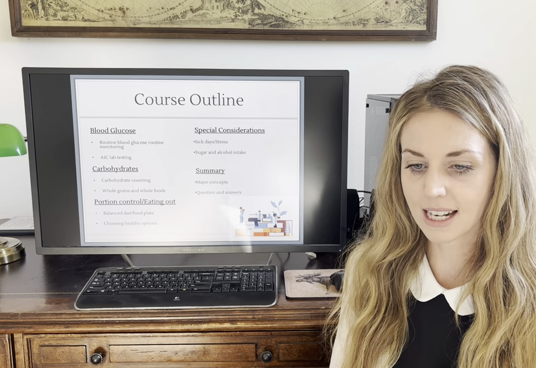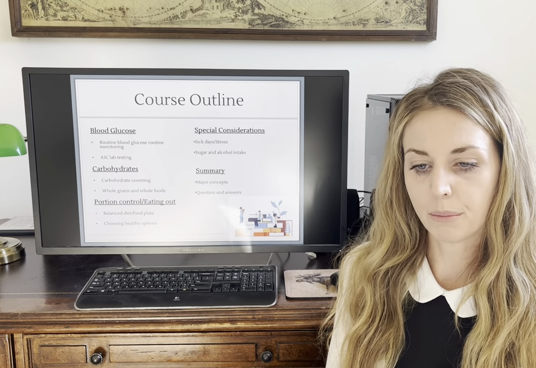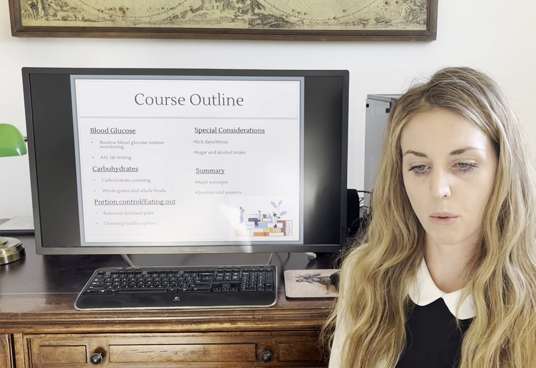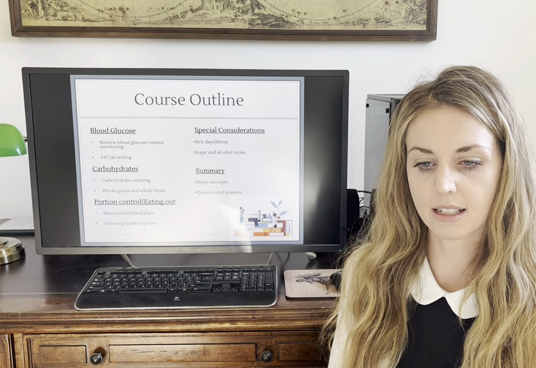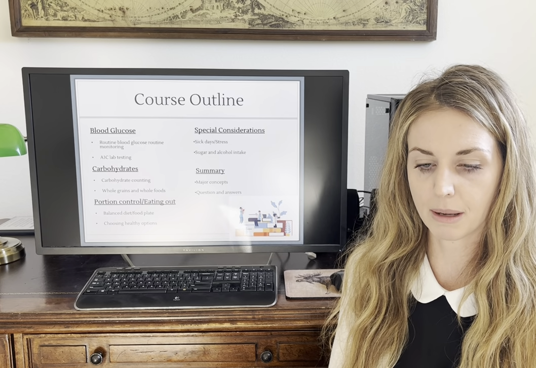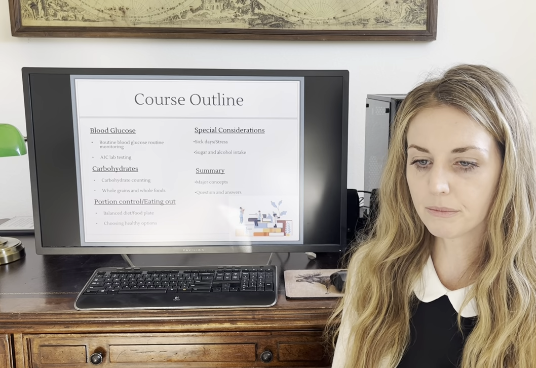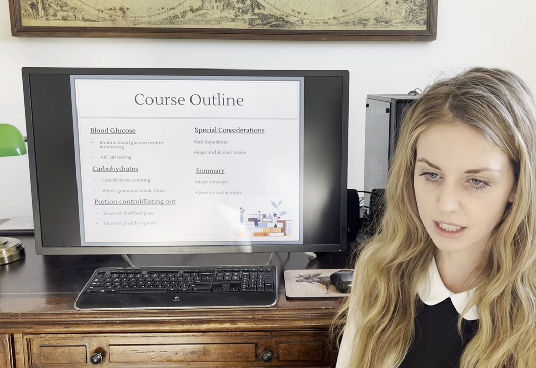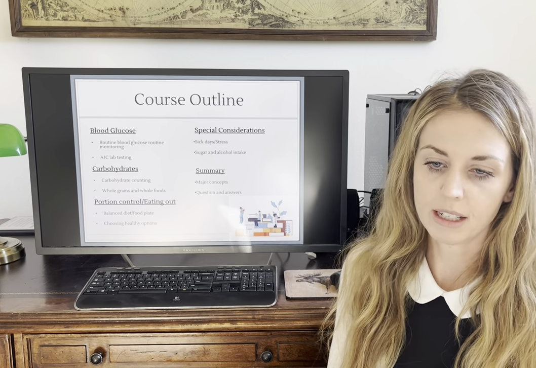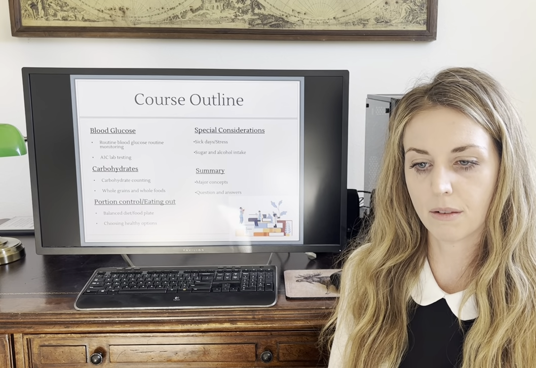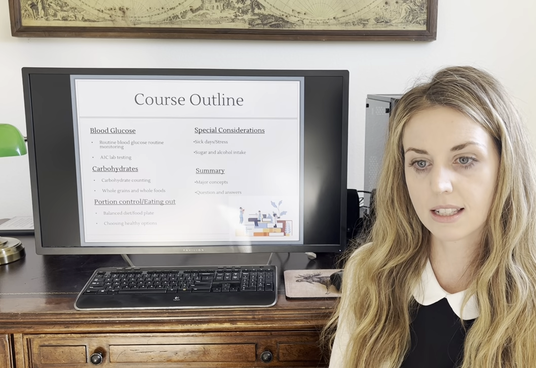So having a balanced diet, looking at what a food plate for a diabetic patient looks like to help them understand what the portions would reflect in a balanced diet for a diabetic patient, and then choosing healthy options. And then moving on to special considerations. So when patients are having a sick day or they're under a lot of stress, what that looks like, and managing sugar and alcohol intake.